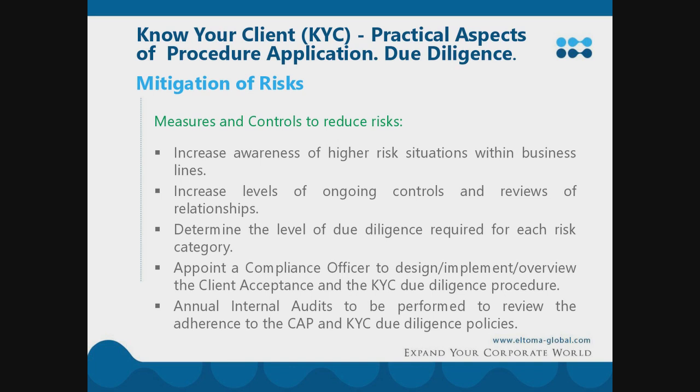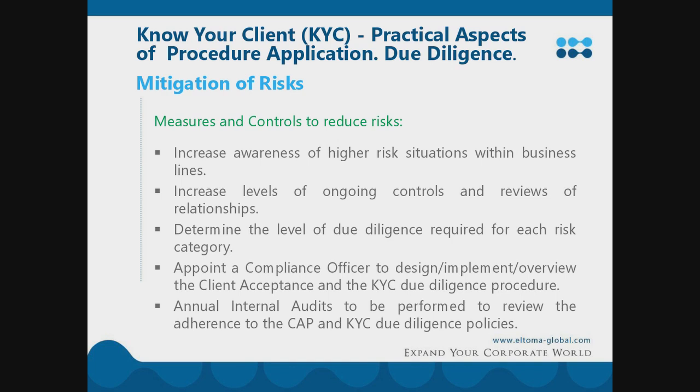Also, there are some measures and controls that reduce risks. First of all, increase the level of ongoing control and reviews of relationships on the basis of high risk, normal risk, and low risk clients. Also, increase awareness of higher risk situations within business lines.